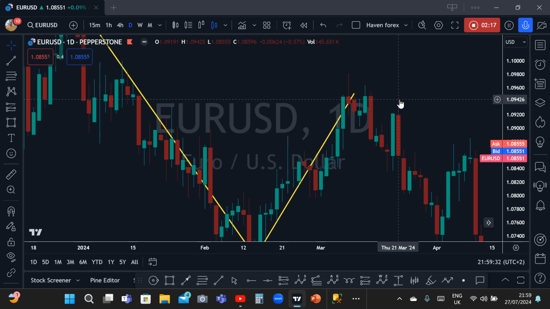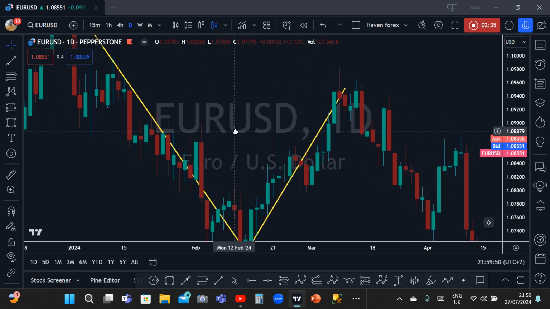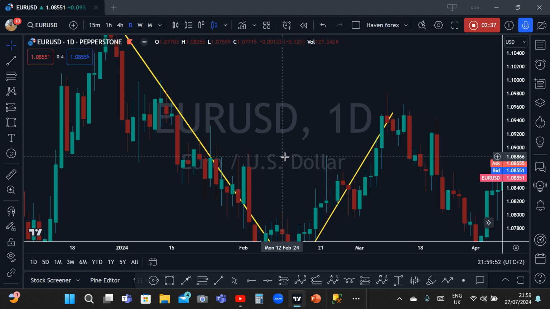Before you place your trade, you should know, are we in a push phase or a retracement phase? You must identify that as a trader before you do anything. And apart from that, you should know the overall trend, the overall structure, what is happening. Are we in a downtrend or a bullish trend?